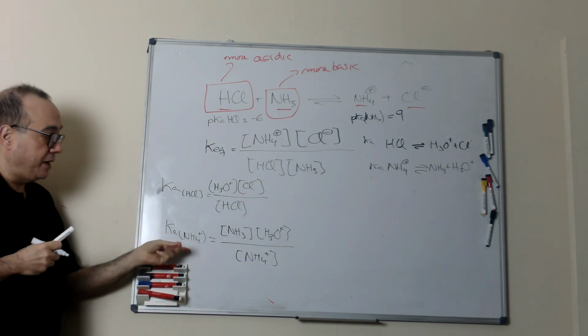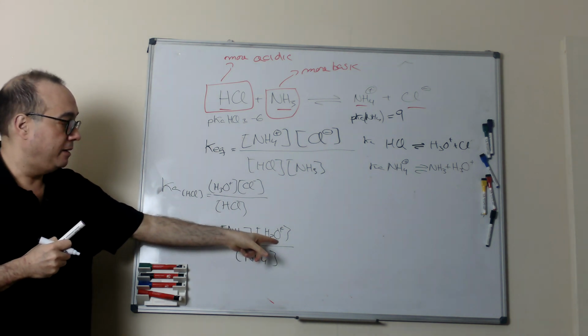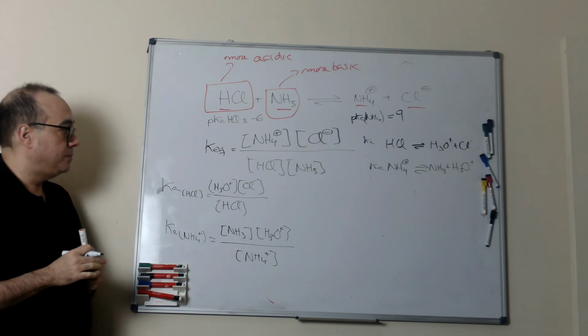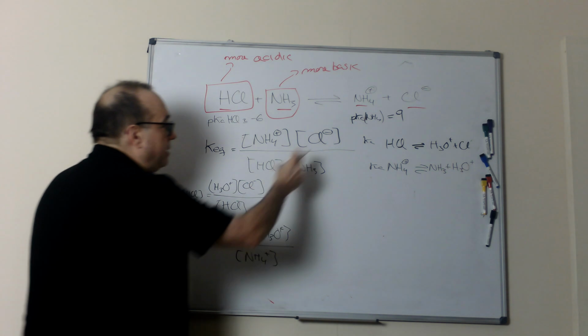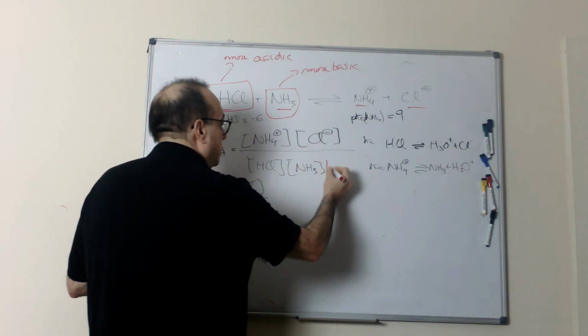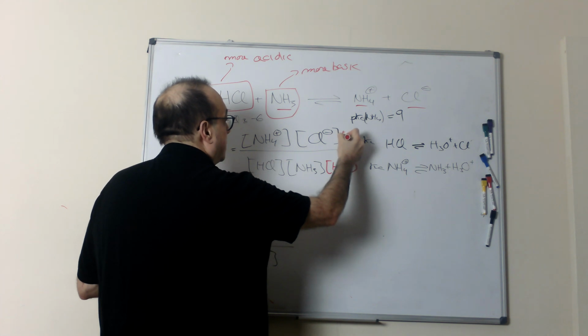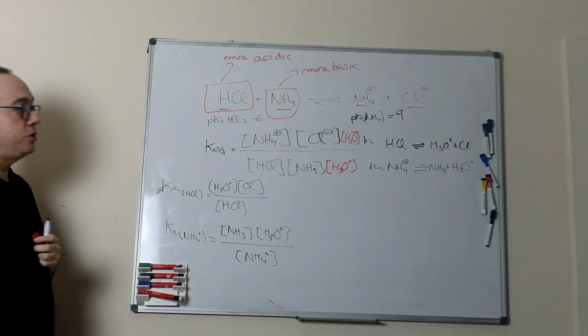The Ka of NH4 is equal to NH3 multiplied by protons divided by NH4. Then the only thing I need to do now is multiply up and down by the concentration of protons.